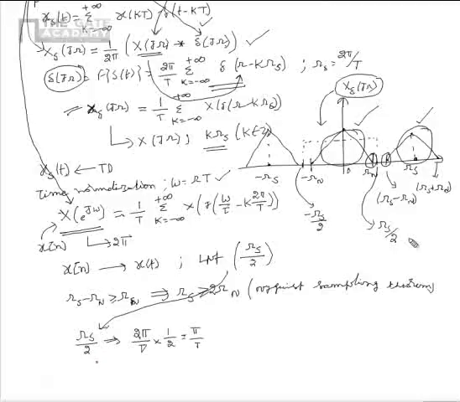So, if we follow the Nyquist sampling theorem, we can reconstruct the original signal x(t) back from x[n]. That is, we can get the continuous time or analog signal from the discrete time signal.